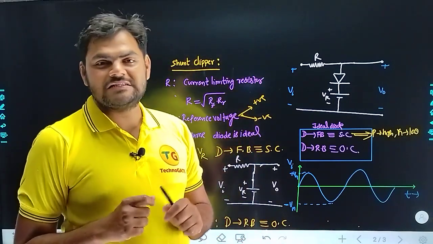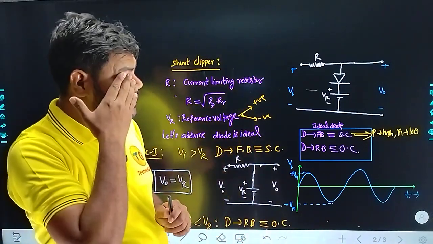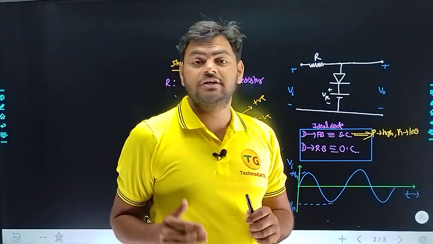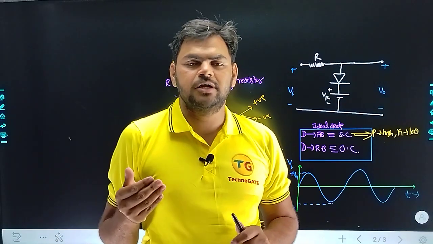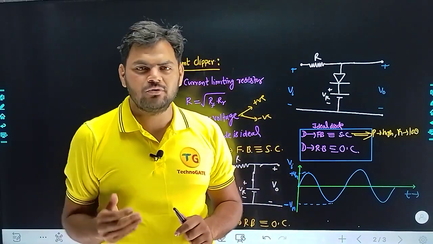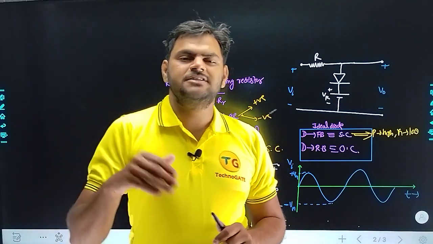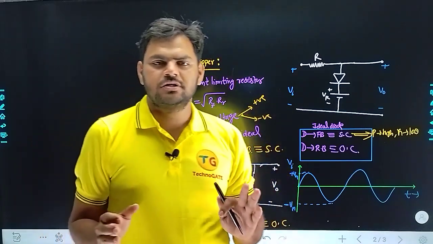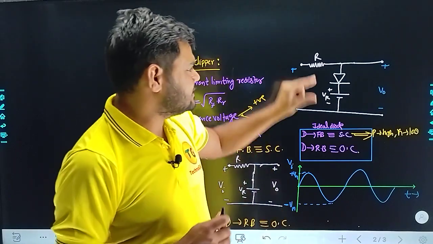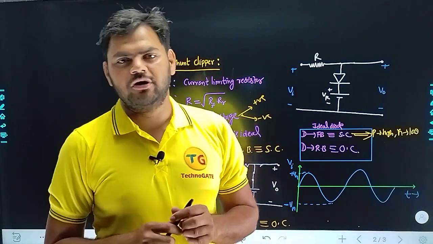When we consider the clipper circuit, our output voltage or input voltage is varying under the range of a few volts. That could be varying between plus minus 20 volt. That may be varying between plus minus 15 volt. So it is a range of a few volts. So we will replace the diode with a non-linear model.